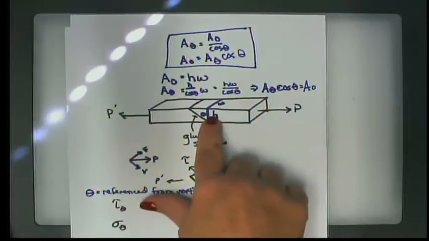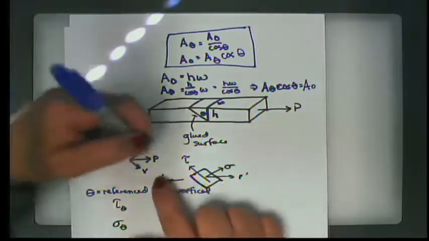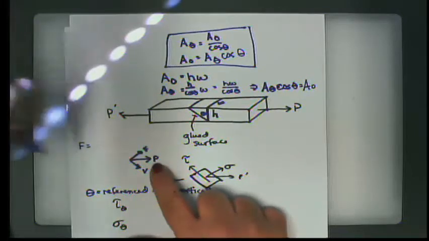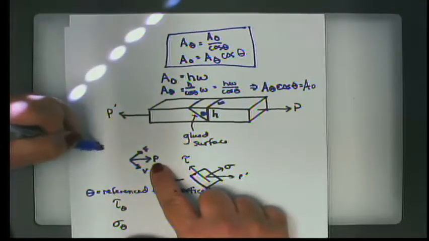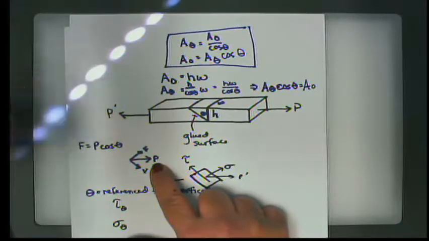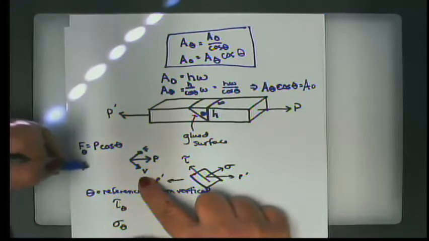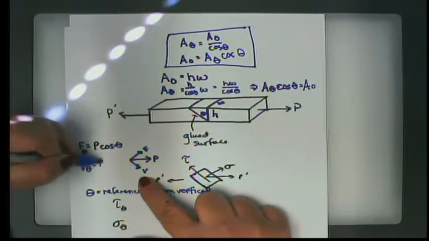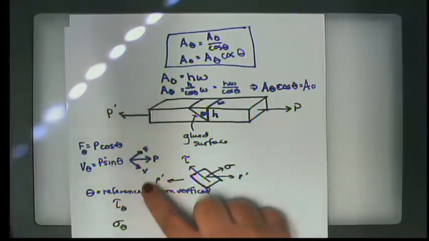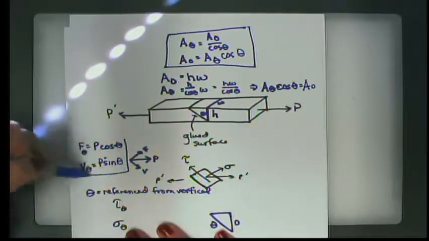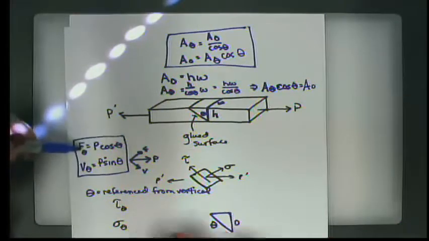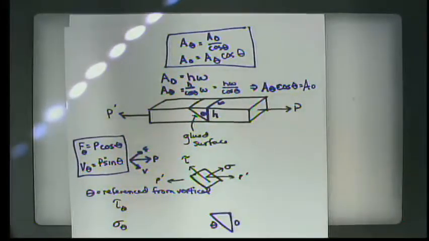And using this geometry, we can see that F, or F sub theta, is equal to P times the cosine of theta, and that V along that oblique surface is equal to P times the sine of theta. Okay? So now we have expressions for the F and the A, or the V and the A. In other words, the force and the perpendicular surface for both a normal stress and a shearing stress.